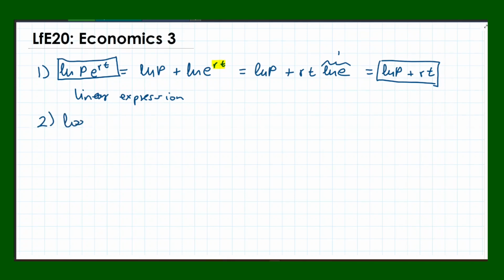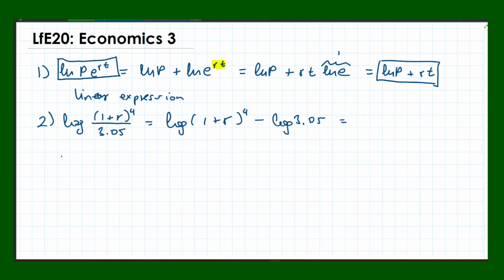I've got log and then a long bracket, 1 plus r to the 4 over 3.05. Now again, because we have got a fraction in the argument of the log, then we can break this out as a subtraction of those logs. So I can write log bracket open 1 plus r to the 4 minus log 3.05.